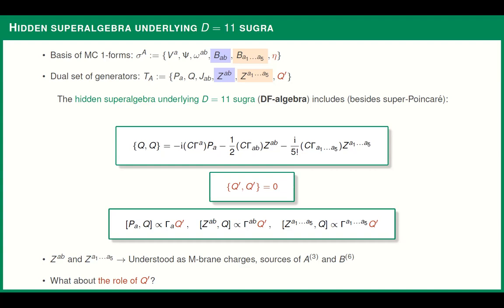The point is that the hidden algebra, which is the hidden superalgebra underlying 11-dimensional supergravity, is a spinor central extension of the M algebra. So it emerged in this way, and of course one can then start thinking of building the relation between superalgebras involving 32 supercharges to see how they relate.